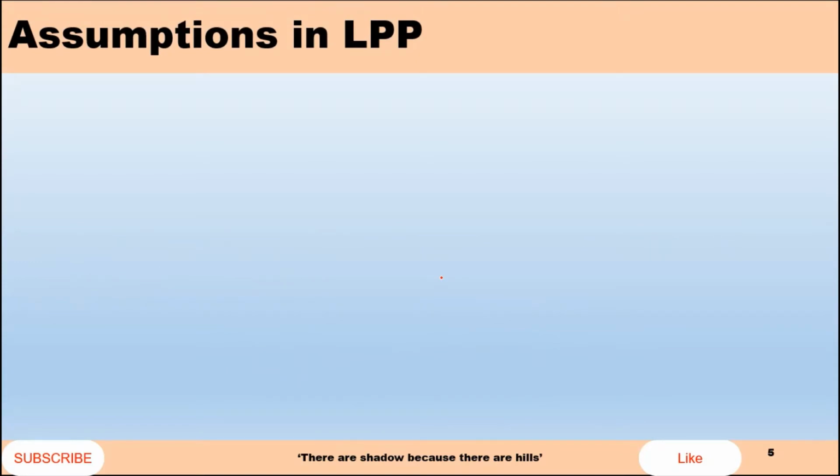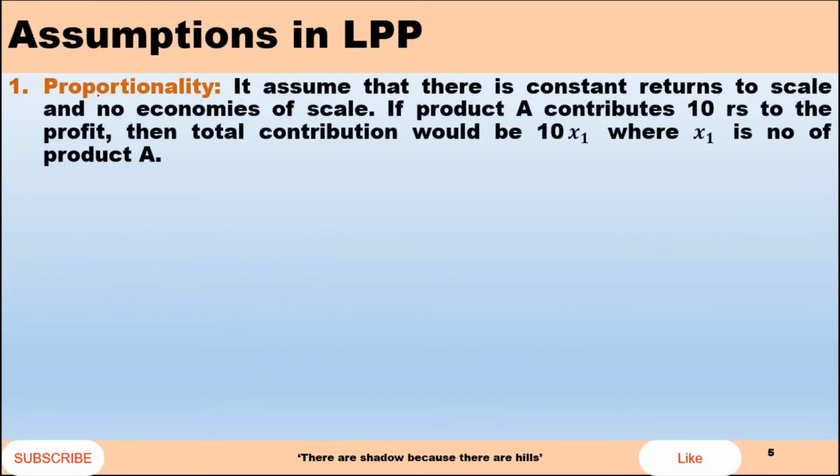Now assumptions in LPP. The first assumption is proportionality. It assumes that there are constant returns to scale and no economies of scale. If product A contributes 10 rupees to the profit, then the total contribution would be 10x1, where x1 is the number of units of product A. It is generally understood that as production of a product increases, the cost of the particular product decreases, right?